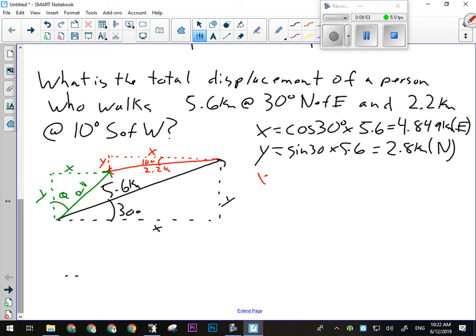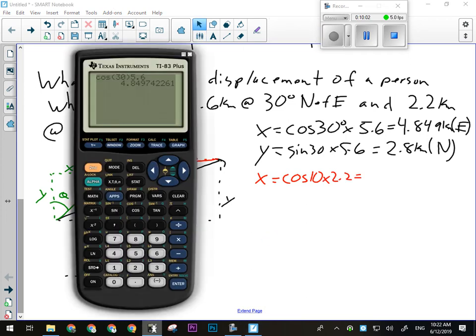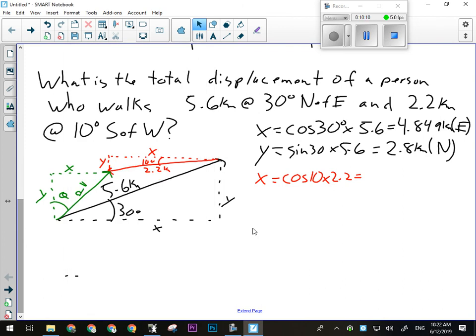I have to do the same thing with the red triangle. Red x is adjacent to the 10-degree angle, so cos of 10 degrees times 2.2, which is the hypotenuse. So we're looking at 2.167 kilometers west.